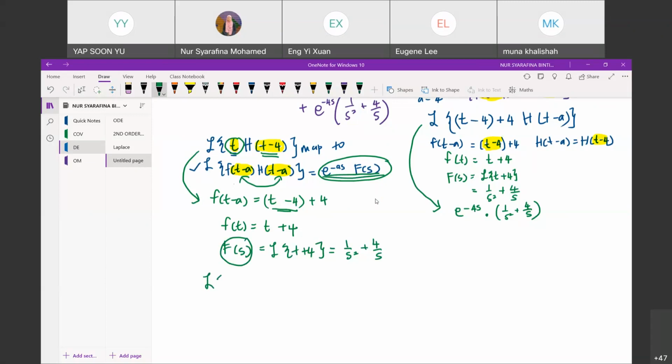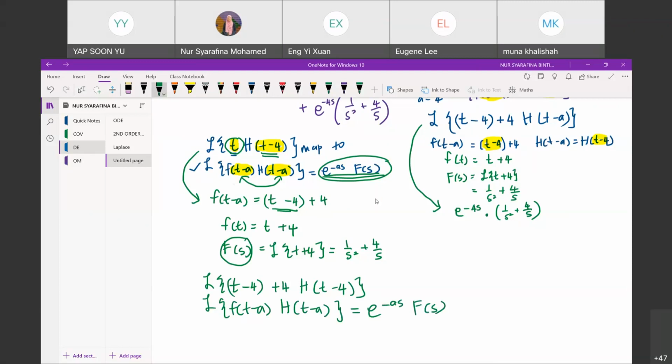So, transforming t minus 4 plus 4 h(t minus 4) is mapped to f(t minus a) h(t minus a), which can be written as exponent negative as F(s). So from here, exponent negative a s is 4s, F(s) is 1 over s squared plus 4 over s.